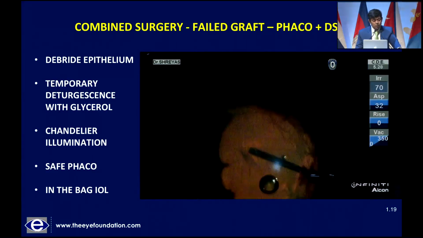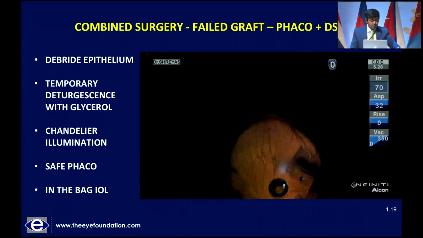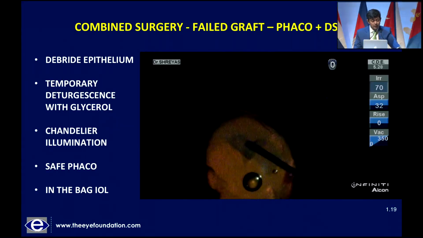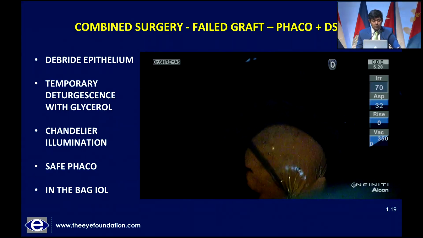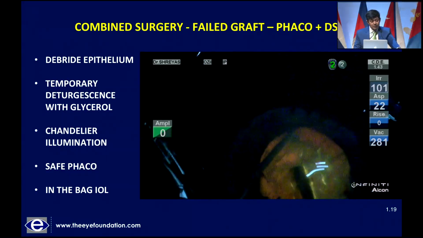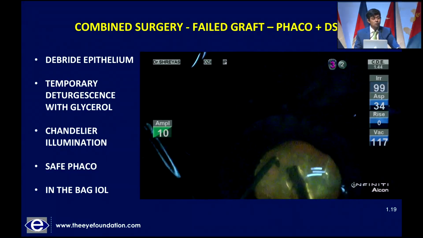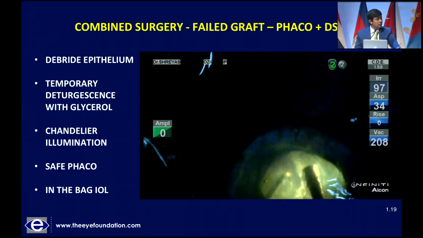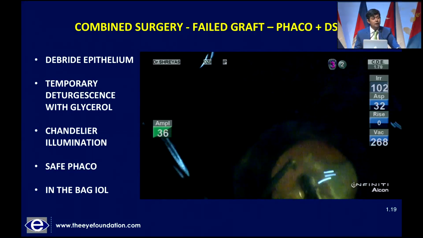While this chandelier illumination helps us to have a better red glow and do a safe in-the-bag phacoemulsification, complete your chopping maneuvers while you're doing the cataract surgery. Having an IOL in the bag is also very useful for your subsequent bubble maneuvers when you're doing your endothelial keratoplasty.